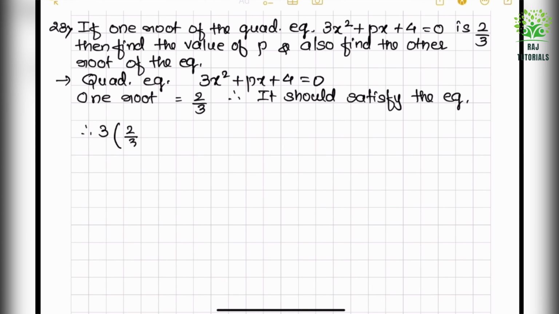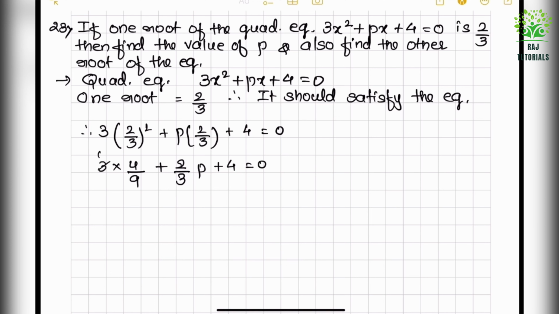So therefore I can say 3 into 2 by 3 whole square plus p into 2 by 3 plus 4 equal to 0. So 3 into 4 by 9 plus 2 by 3p plus 4 equal to 0. So cutting I will have 4 upon 3 plus 4 plus 2 by 3p equal to 0.